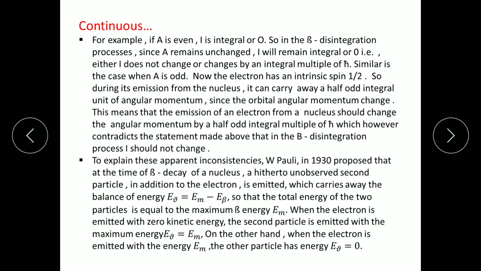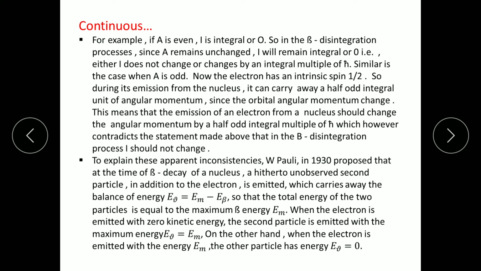It can carry away a half odd integral unit of angular momentum. See here, this is a very important topic. If A is always constant in beta disintegration, the nuclear spin I should also always remain constant.